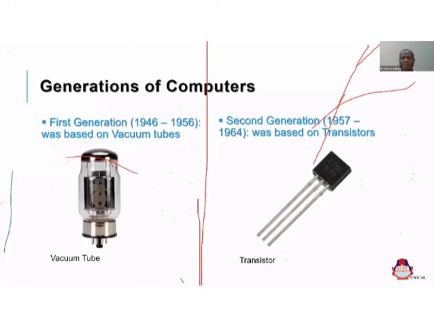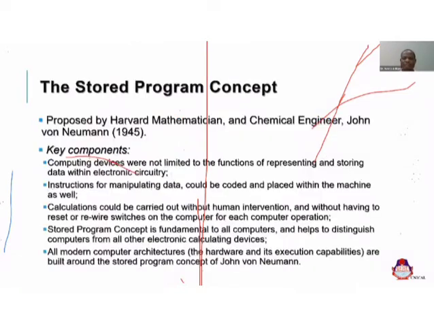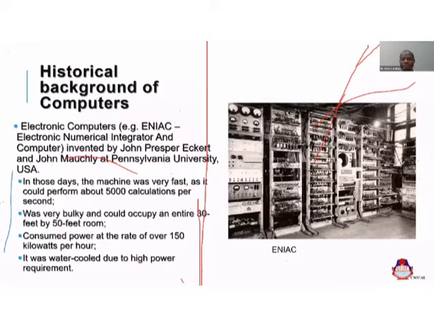One fundamental problem of vacuum tubes being used to develop computers was that they are big. Thousands of them in one computer made the computer so large. That was why ENIAC, you could see the picture of ENIAC here, could occupy a complete building, because ENIAC ran on vacuum tubes.